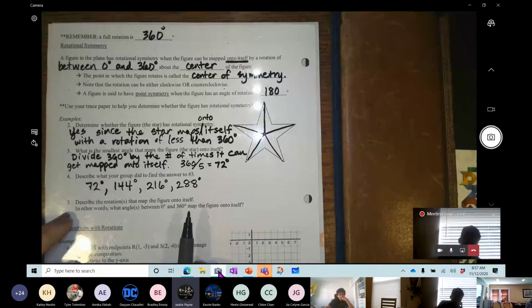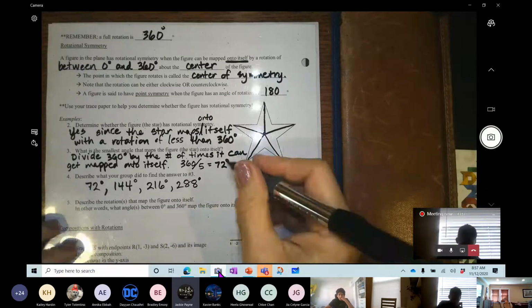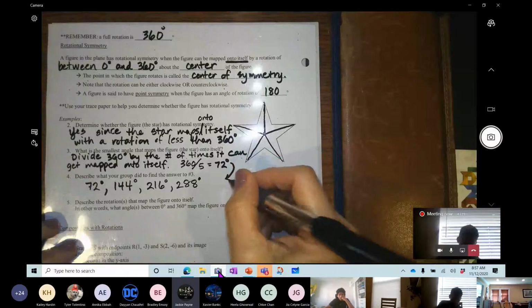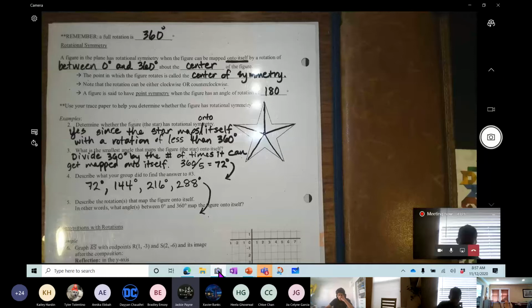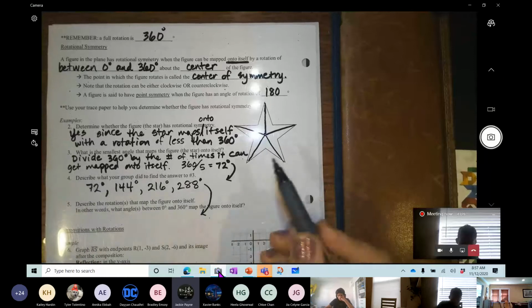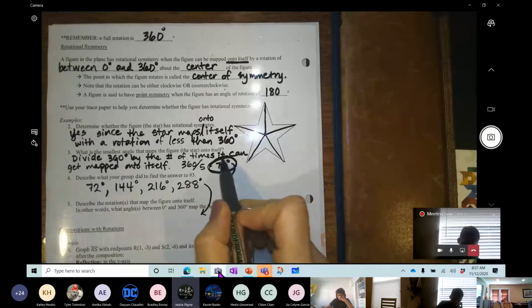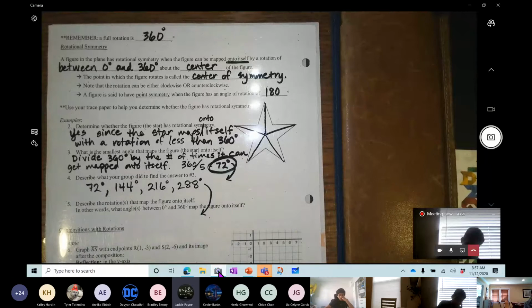So here we go. Oh, I skipped one of them. This is the answer to 3, and this is the answer to 4. Sorry about that. Number 3 is 72 degrees. This is number 3. And then describe what your group did to find it.